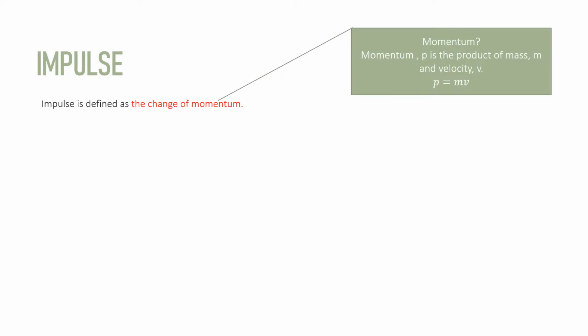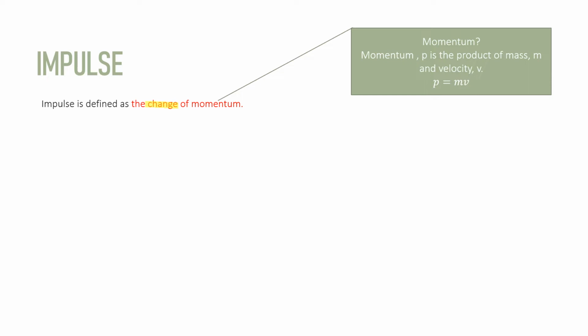Momentum is the product of mass and velocity. In form of formula, we can write as P equal to m times v, where P is the momentum, m is the mass, v is the velocity. When we are talking about the change, it means it has the final velocity and also the initial velocity.